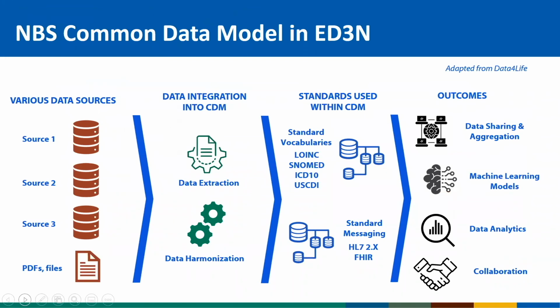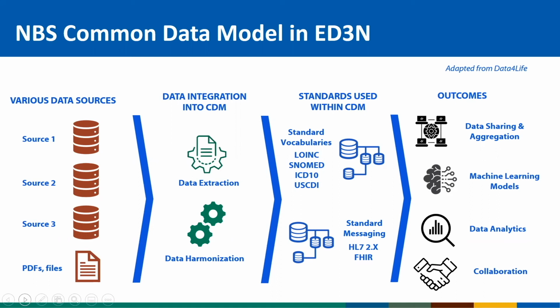So this slide indicates what a common data model looks like in action. Here we can see on the left side that we start with various data sources. In this case, it's likely to be various newborn screening programs. This data can be extracted and harmonized into the common data model utilizing the standards that I discussed on an earlier slide.